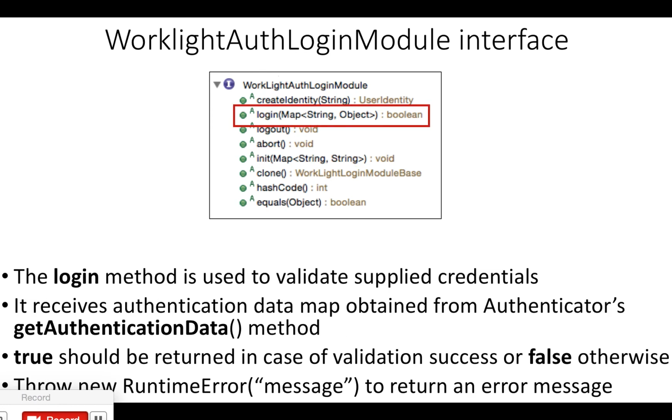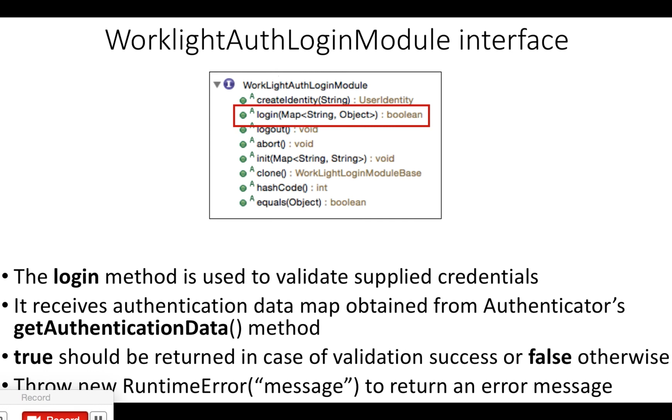So the login method is used to validate supplied credentials. If you recall, Authenticator has a get authentication data method that returns a map of authentication data, and that map returned by Authenticator is actually supplied to the login method of the login module. The login module returns a Boolean value. It can return true in case credential validation was successful, and false otherwise.